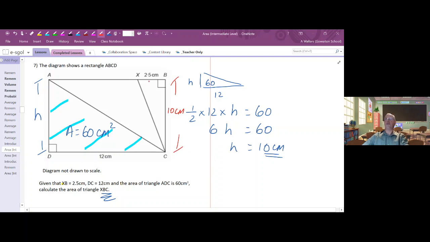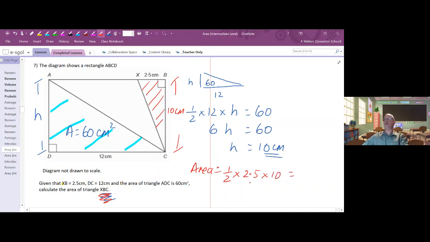I'm asked to work out the area of this triangle I've just shaded in red, the triangle XBC. So I've now got all the information. Area equals a half times the base. It doesn't matter which one you choose as the base. I'm going to say 2.5 is the base and the height is 10.